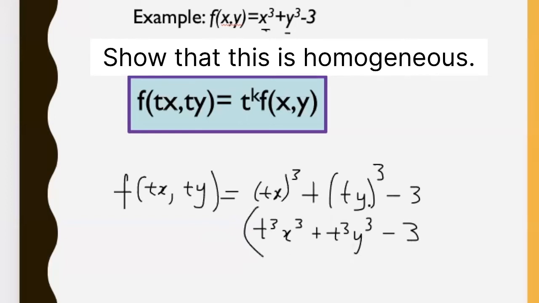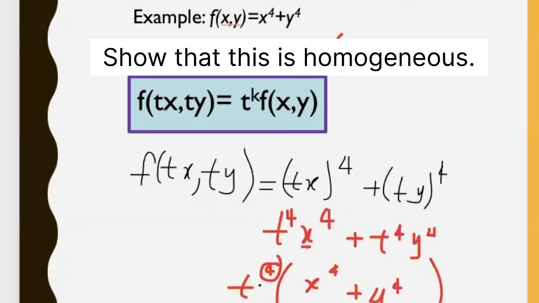And now we factor out t cubed. That's the next step. So I factor out t cubed here, and I'm left with x cubed plus y cubed minus 3 on the outside. If you look where I factor out t cubed, it's not the same as the original. Let's look at the difference. When we factor out t to the fourth, we're able to see the function xy, which is x to the fourth plus y to the fourth.